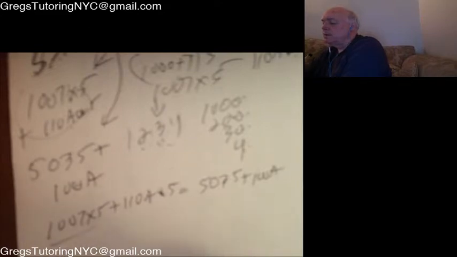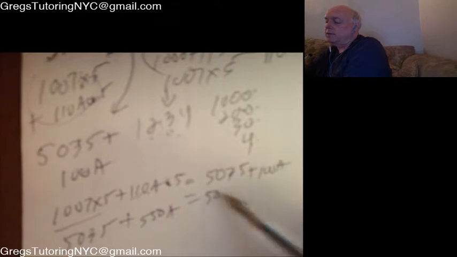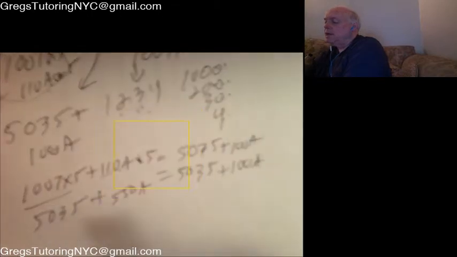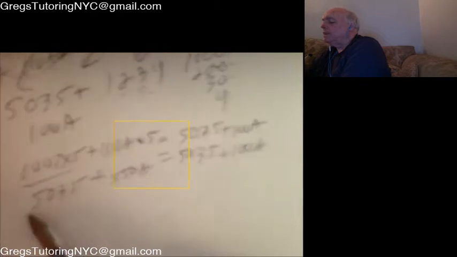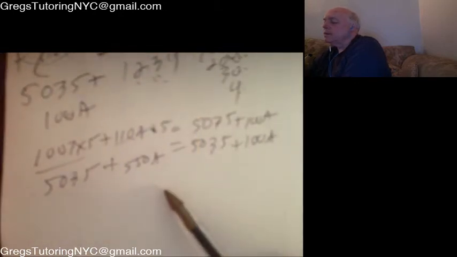So this is 5035, right? This is 110A times 5 is 550A. And then this stays the same. 5035 plus 100A. So now we took this, we're throwing it out the window, and now we're down to a regular solving an algebraic equation. All right?